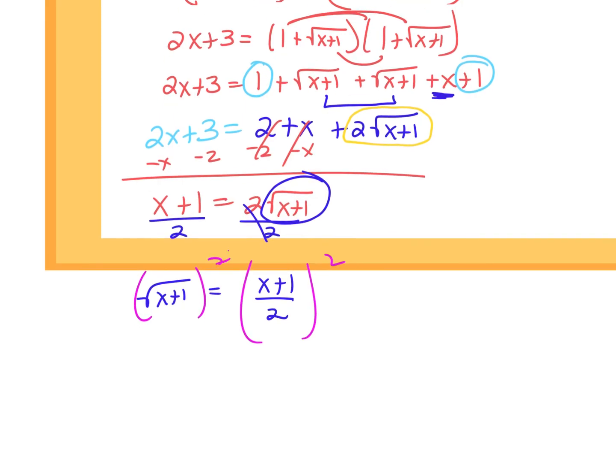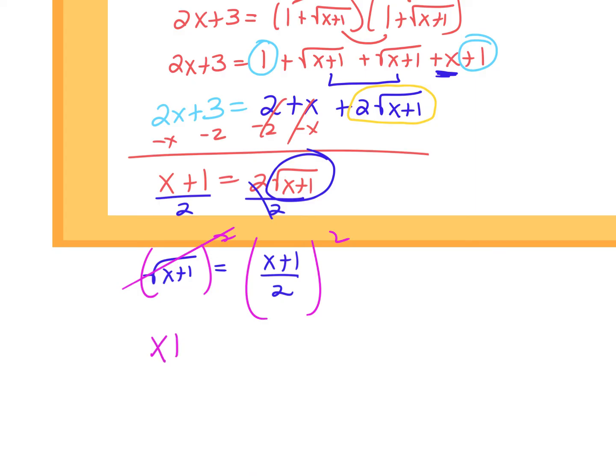So when you square a square root, it just cancels. X plus 1. Where does that 2 go? To everything. We're squaring both sides. So this becomes x plus 1 times x plus 1 in the numerator over what?